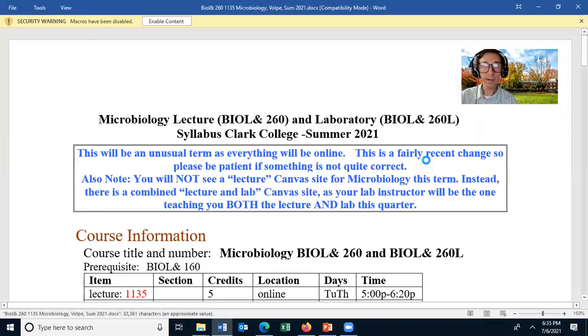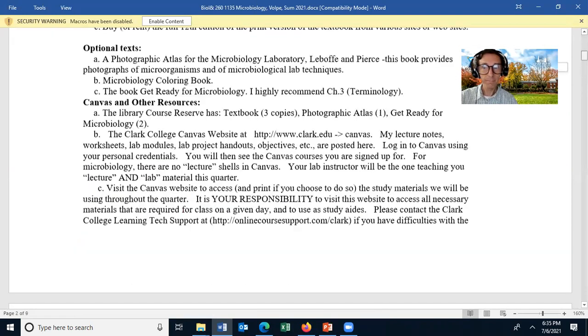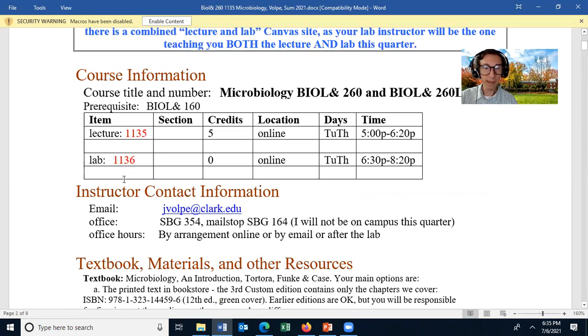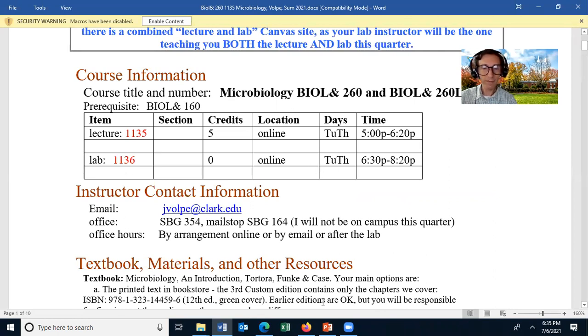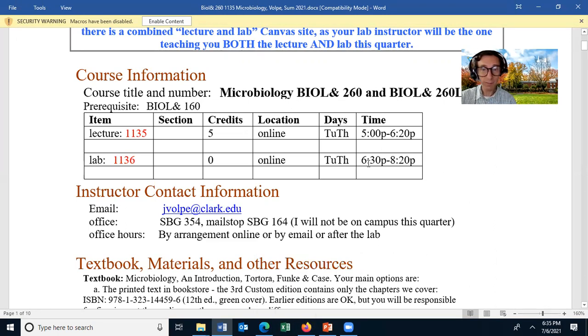So if you remember, I said we would spend a little bit of the lab time on the lecture. And in fact, if you notice this link for Zoom, I've got lecture and lab. So we'll spend about 15 minutes on the lecture before we start the lab. The reason is, for some reason, whoever did the summer schedule kept the lecture time the same as the 10-week class, and then they increased the lab time.